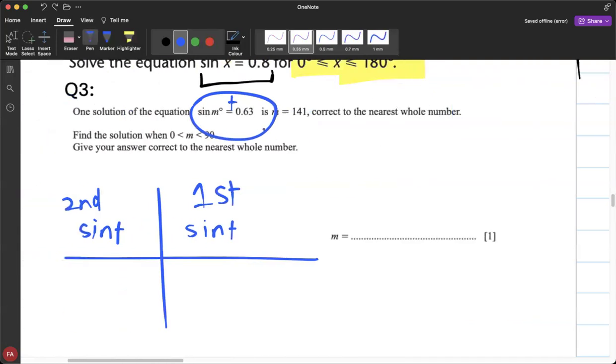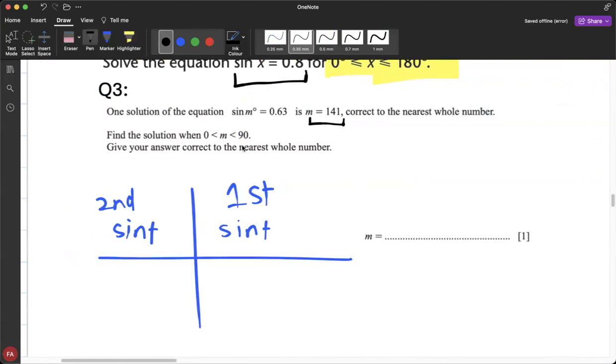Now that we have figured this out, the next part of the question says that one solution is m equals 141. Let's draw this out like a rough sketch. So I know that 141 should be somewhere over here. That's how 141 looks. Excuse my bad handwriting. I'm sure all of you already know this.